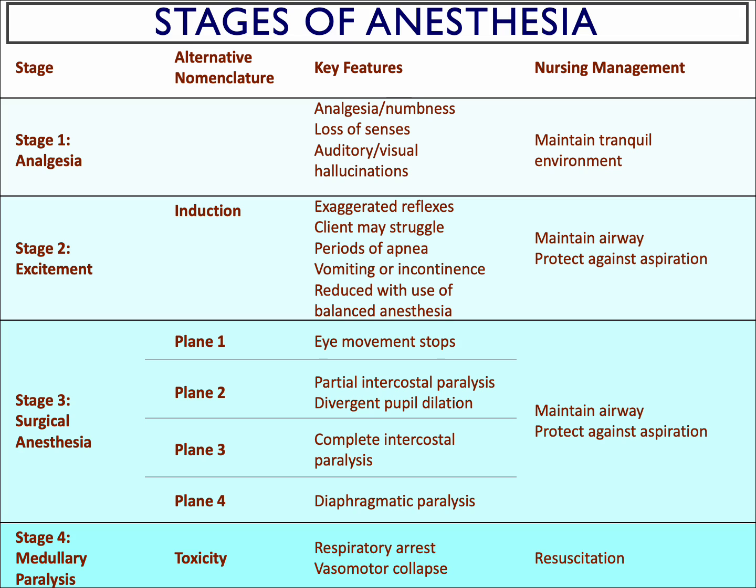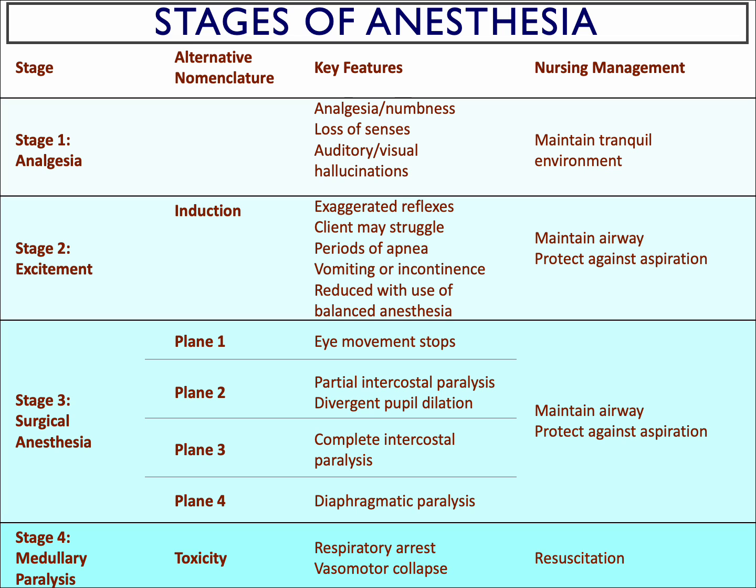As we progress into plane 2, we might have some partial intercostal paralysis. And so it's important for us to recognize that we need to maintain an airway for folks. By plane 3 and plane 4, you'll see intercostal paralysis up to diaphragmatic paralysis. And so it's important to maintain an airway and protect against aspiration in these states of surgical anesthesia.